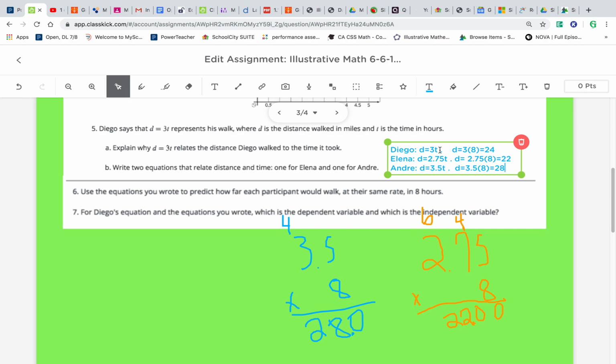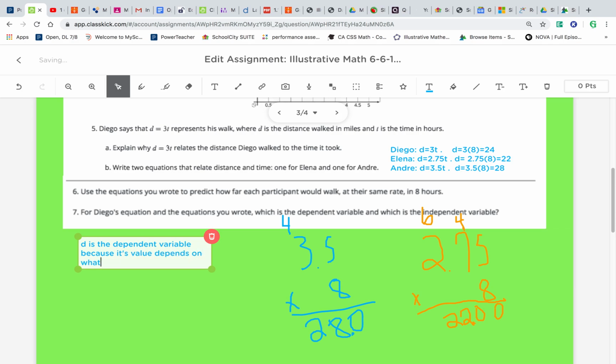Now, if you rearranged the equation, and it started with t equals something d, then t would be the dependent variable, and d would be independent. But in this case, t is independent for these. So I'll go ahead and write this out here. d is the dependent variable because its value depends on what t is.